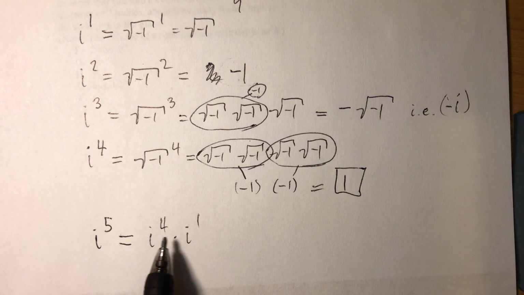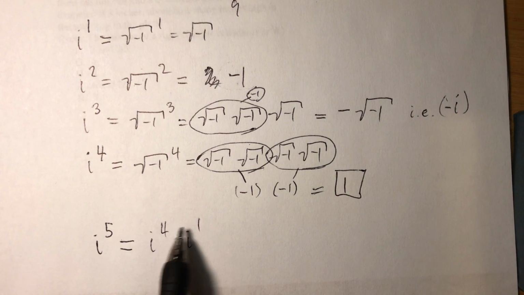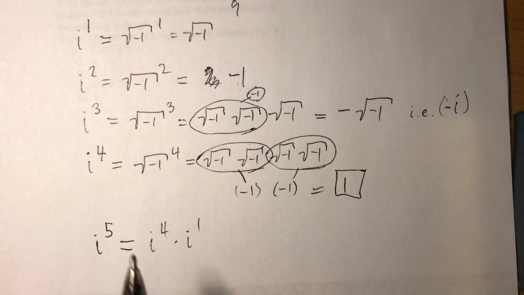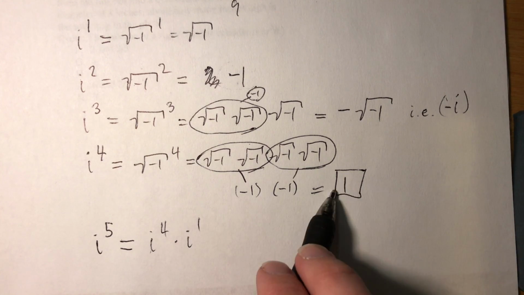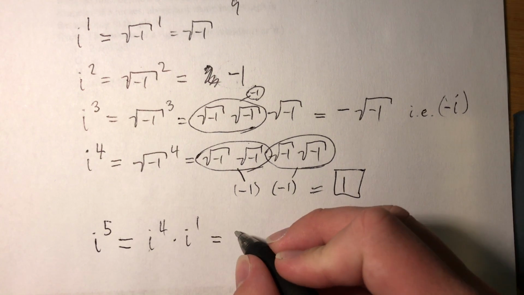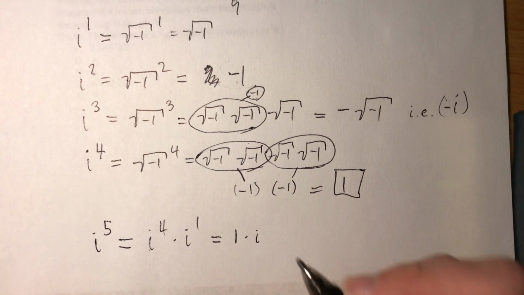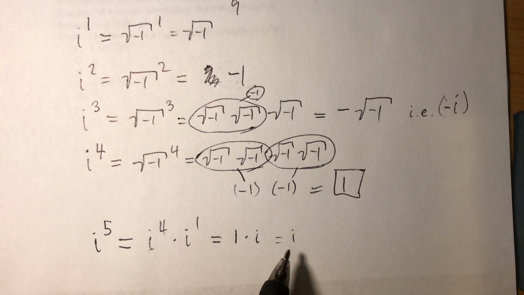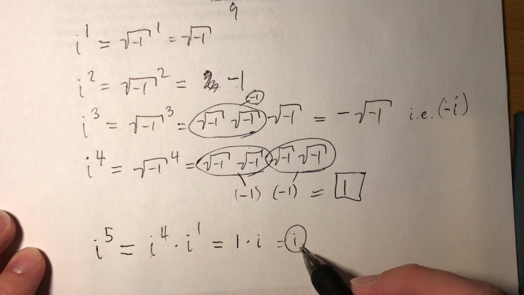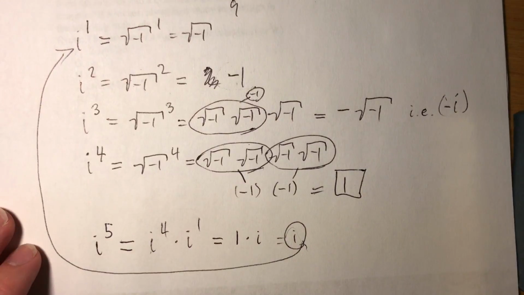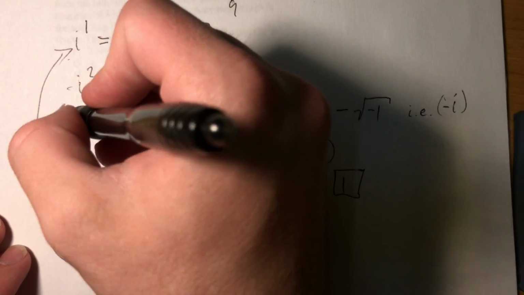When you multiply two of the same things with exponents, you just add the exponents. 4 plus 1 is 5. And i to the 4th we just found is 1, so that equals 1 times i, which just equals i. And so that brings us back around to the beginning of this pattern, and we start over again.